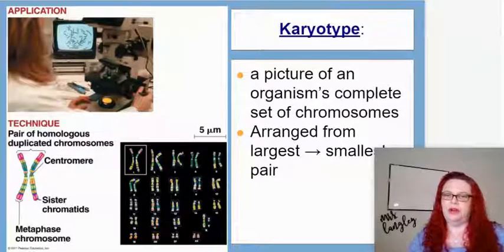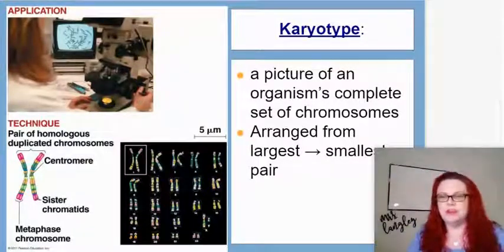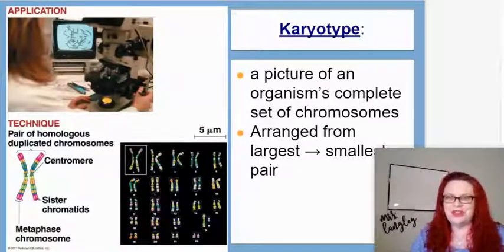You may have heard of a karyotype. A karyotype is an image that's made of the DNA chromosomes, okay, within an organism's cell. So we find the cell in mitosis, okay, undergoing replication, where all the chromosomes have condensed into that packaged look to them.